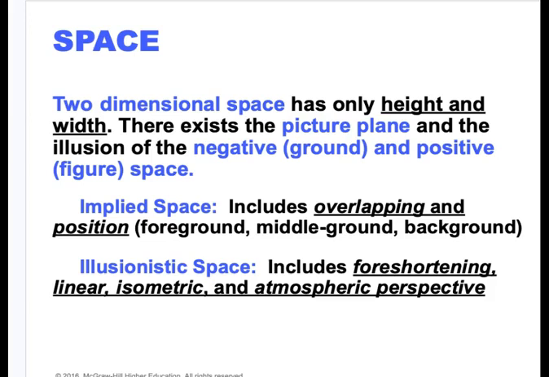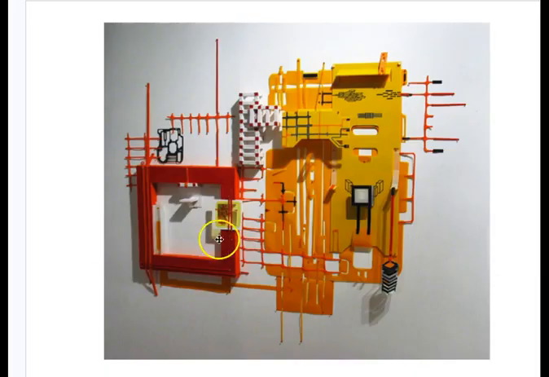Let me see if I can click to an image to talk about positive space shape and negative space shape. So, like in this one where we were talking about warm colors, the object itself, the sculpture itself, we know is called the figure or the positive shape.